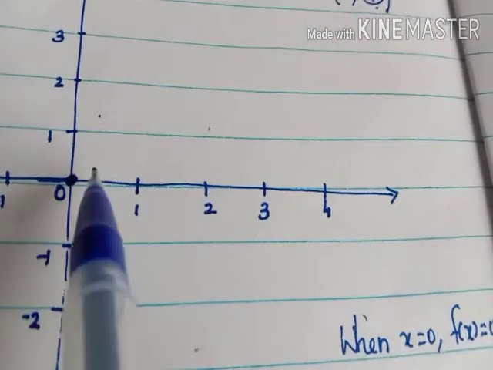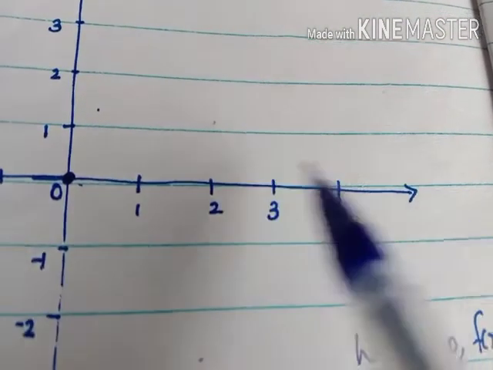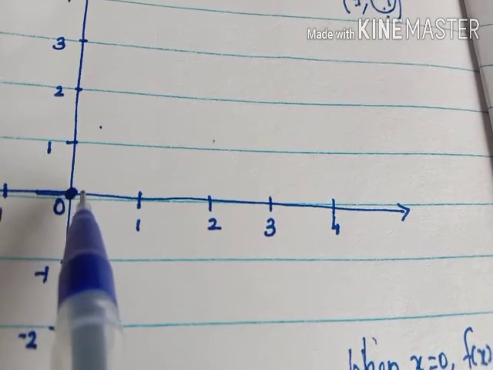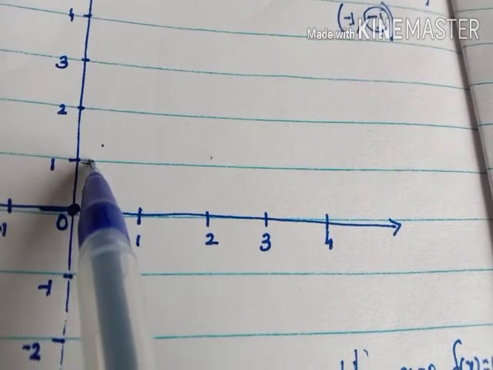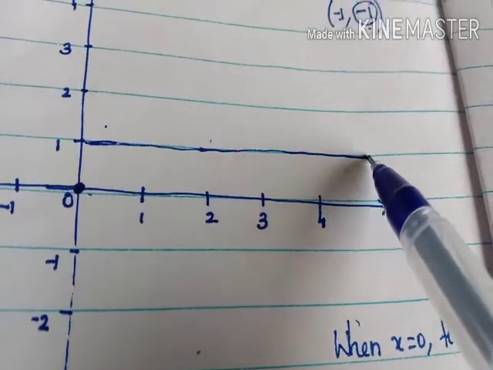So for all these positive x values, the y value becomes 1. So draw a line through 1.